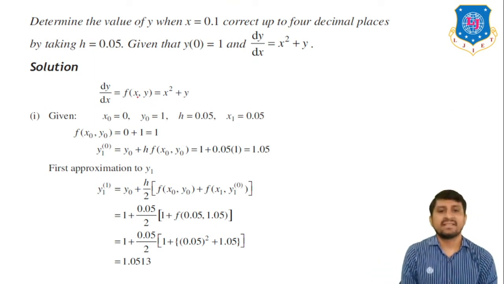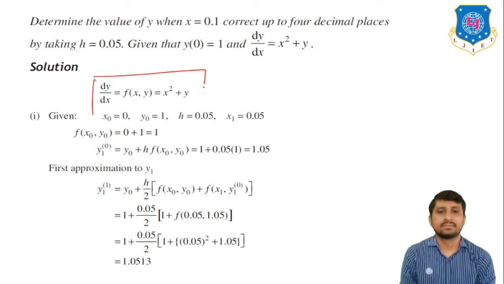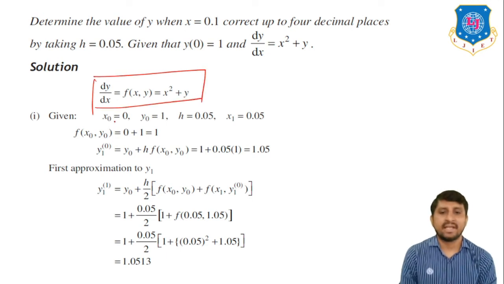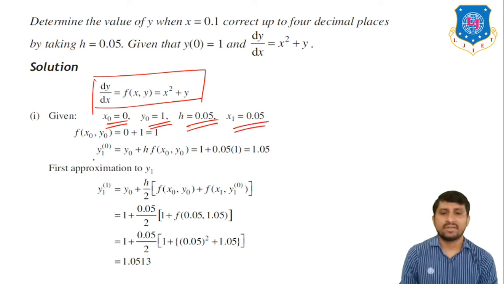dy by dx is equal to f of x y, that is x square plus y. x0 is 0, y0 is 1, h is 0.05. First approximation y1 0 is y0 plus h f of x0 y0, that is 1 plus 0.05 into 1, which is equal to 1.05. This is the first approximation of y1.